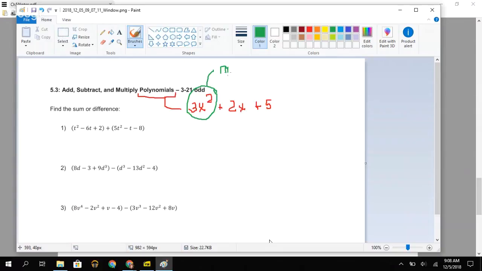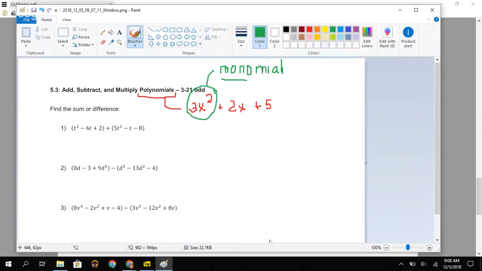These are root words: mono is one, and poly is multiple. You add monomials together to get a polynomial. That's where that word comes from.